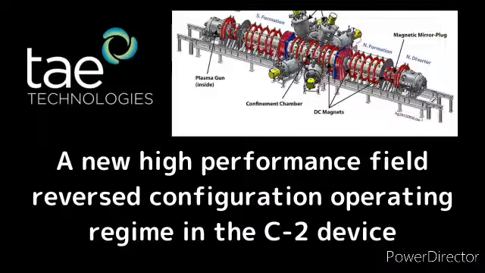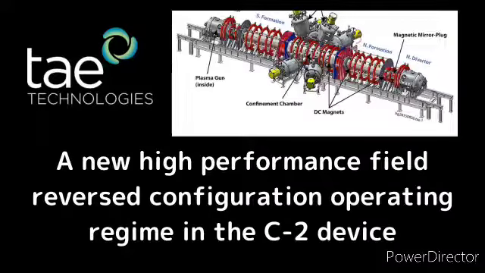A plasma gun introduced at one end of the C2 device is key, together with NB injection, to obtain much improved FRC data. This paper reports on these new results, referred to as the high-performance FRC operating regime.